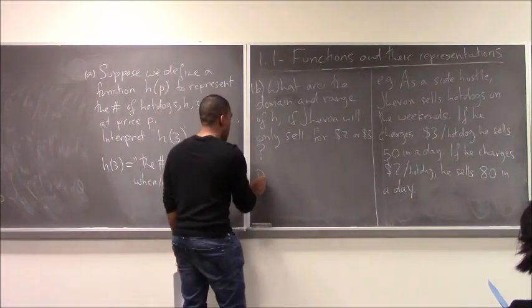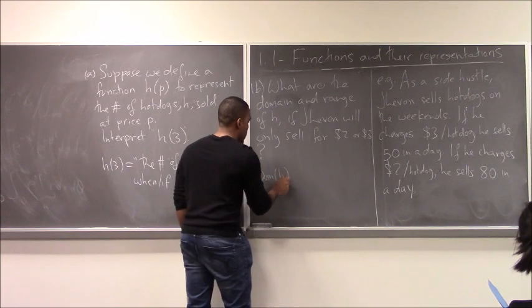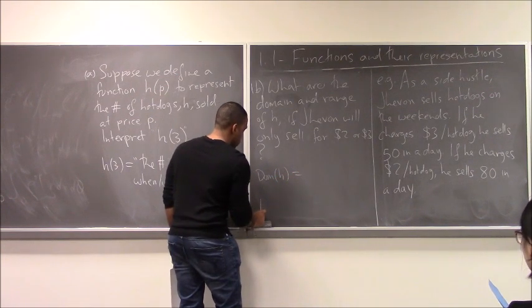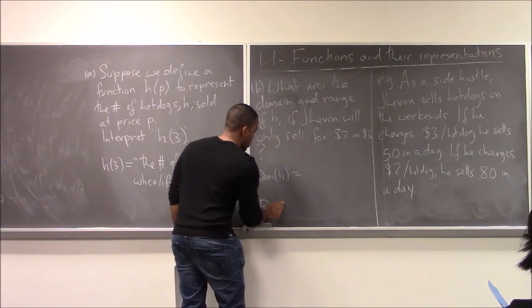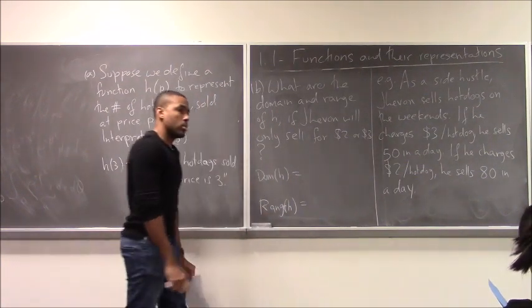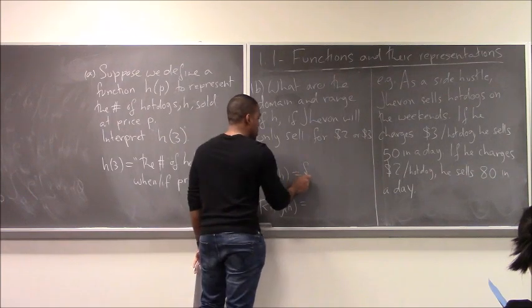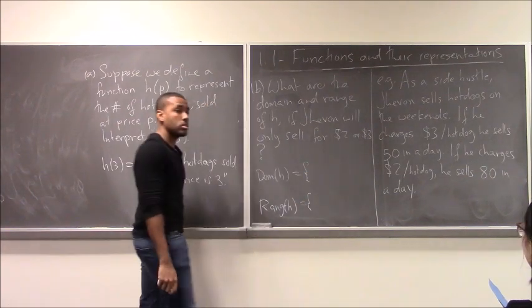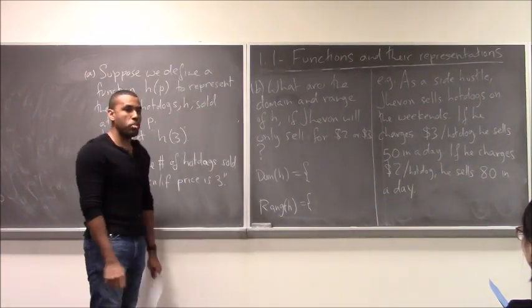How would you talk about the domain of this function? What would the domain of H equal? What would the range of H equal? Can you give me a list of elements? What is the domain of H?